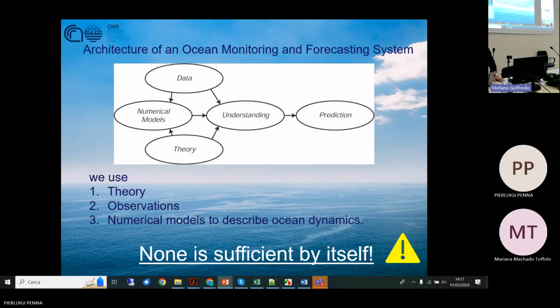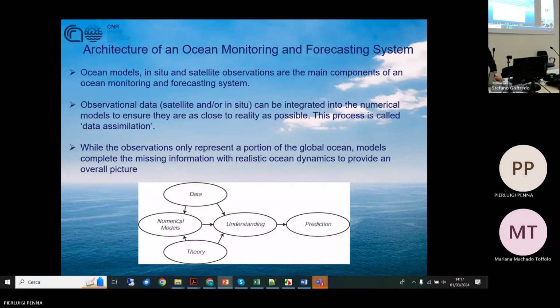So, satellite models. Some key concepts. Ocean models, in situ and satellite observations are the main components of our ocean monitoring and forecasting system. Observational data, satellite and or in situ, can be integrated into numerical models to ensure they are as close to reality as possible.